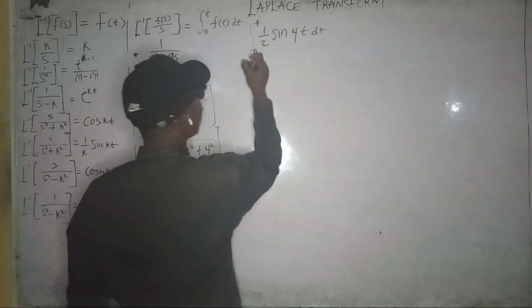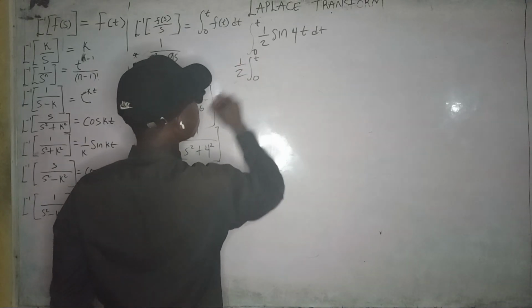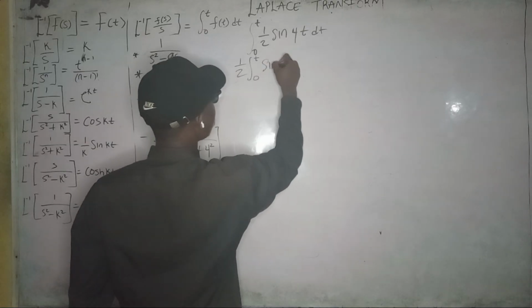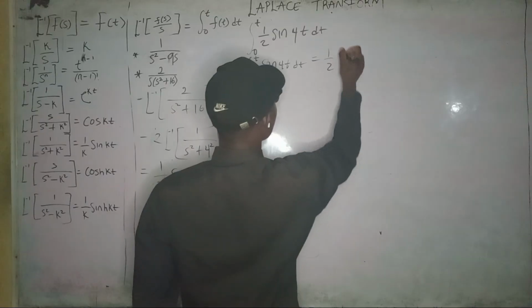Bring this constant out, you are going to be having 1 over 2 integration from 0 to t of sine 4t dt.